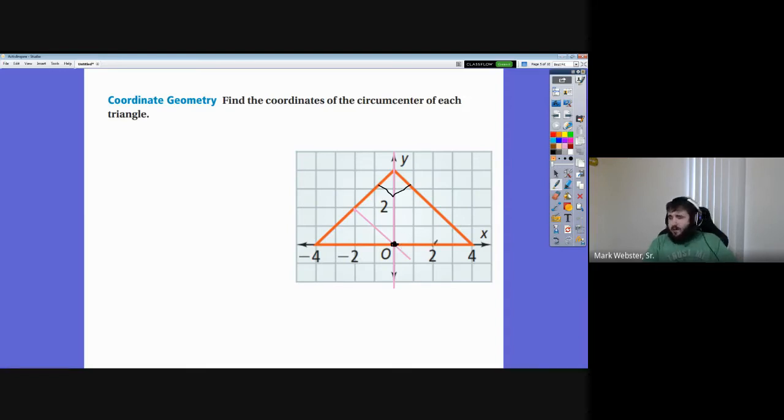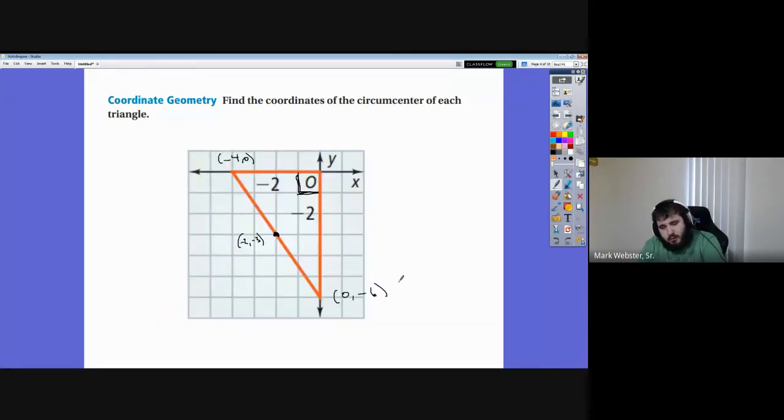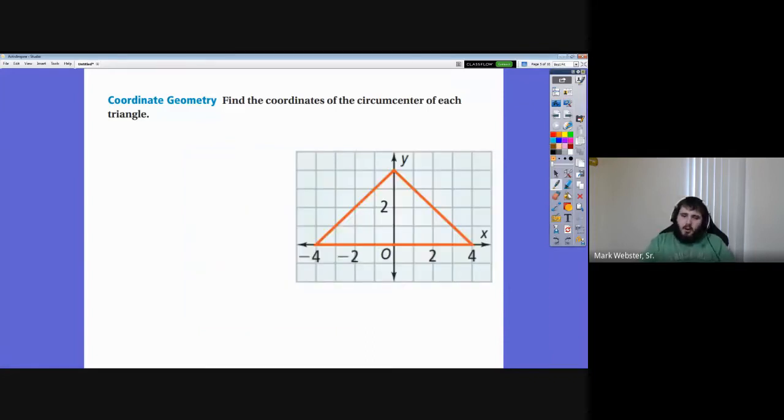Now you could do that. It's okay for you to sort of just trace along your screen and find that spot. Or you could say to yourself, all right, I know this is a right angle. These two lines are perpendicular to each other, right? This has a slope of -1.